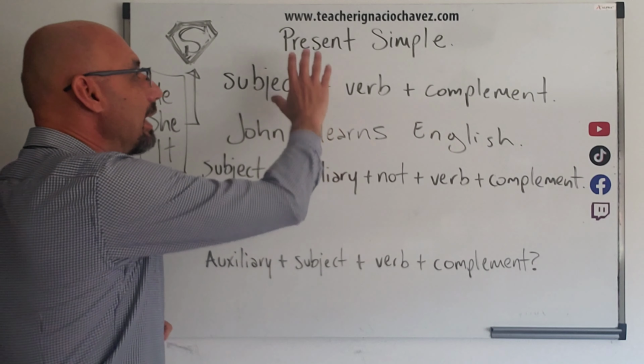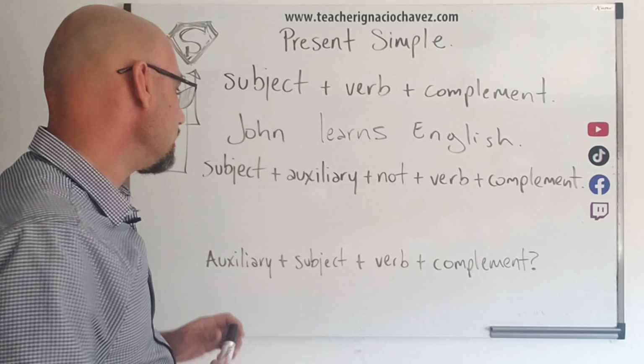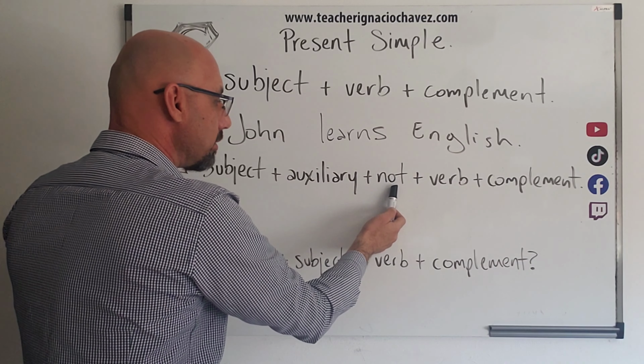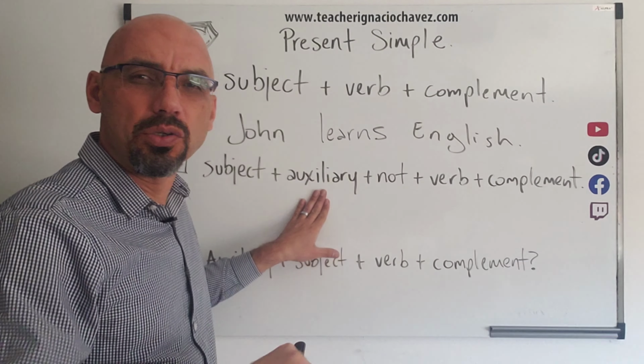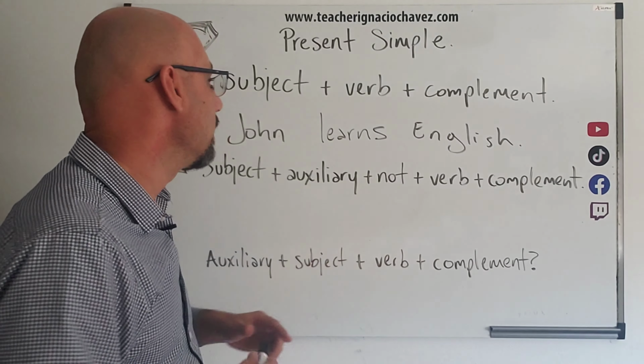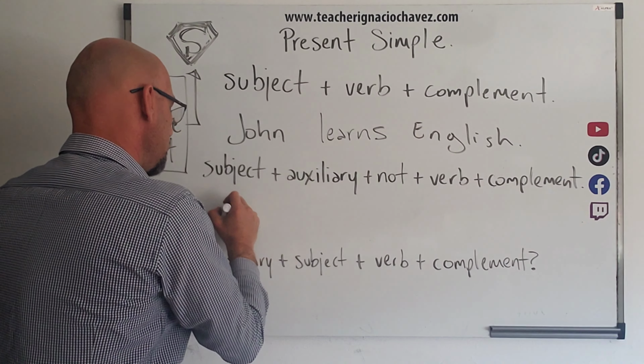Now, when I have present simple and I have a negative sentence, I need to use an auxiliary plus not. Always. In English, you always need auxiliary plus not. So, this sentence would be John.